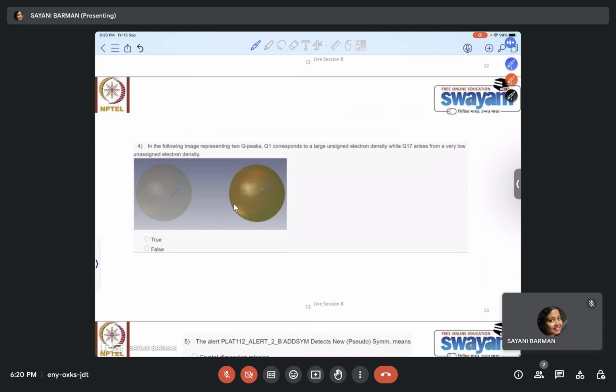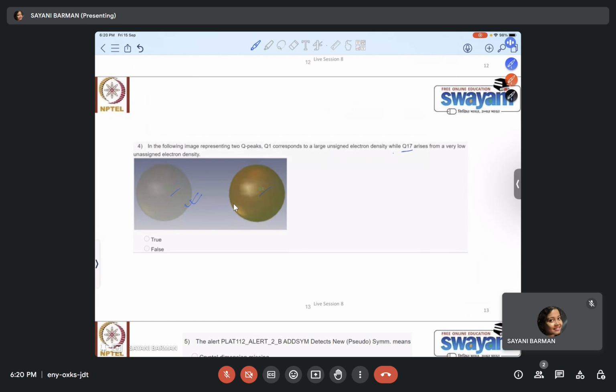Now the next one is the following image representing two Q peaks, Q1 and Q2, whatever it is. Okay, it's not Q2, it's written as Q17. Q1 corresponds to a large unassigned electron density, while Q17 arises from a very low unassigned electron density. Yeah, you can scroll the mouse and reduce, and you can omit these nominal electron-dense Q peaks.